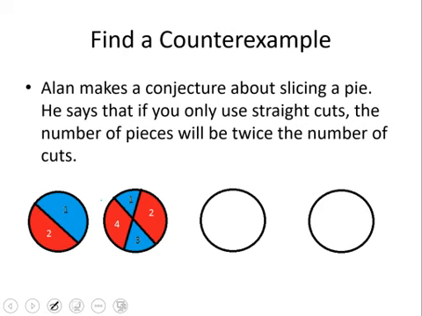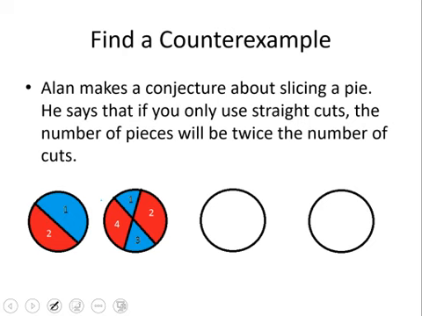Alan makes a conjecture about slicing a pie. He says that if you use only straight cuts, so no curves and no zigzag cuts, the number of pieces will always be twice the number of cuts. He gives the first two examples: one cut gives 2 pieces, and 2 cuts give 4 pieces. Now let's move on to the next one.